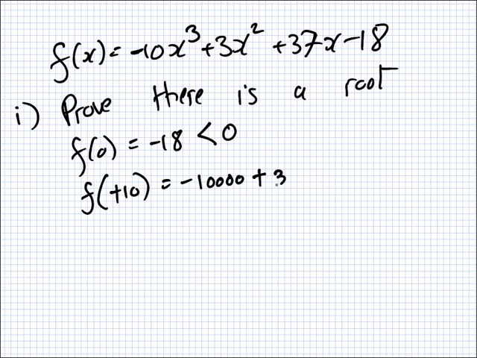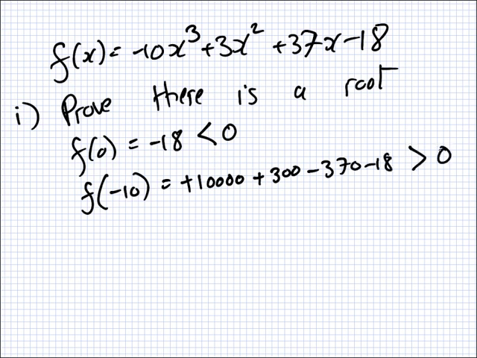Plus 300 plus 370 minus 18. Oh, that's a negative. Right, okay. I don't want that. I should have done minus 10. Right, let's do minus 10. That's 10,000 plus 300 minus 370 minus 18.